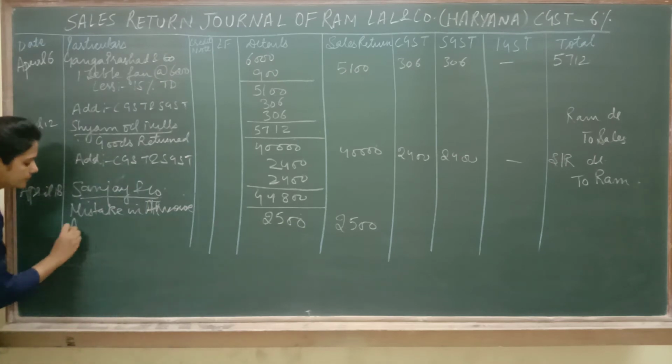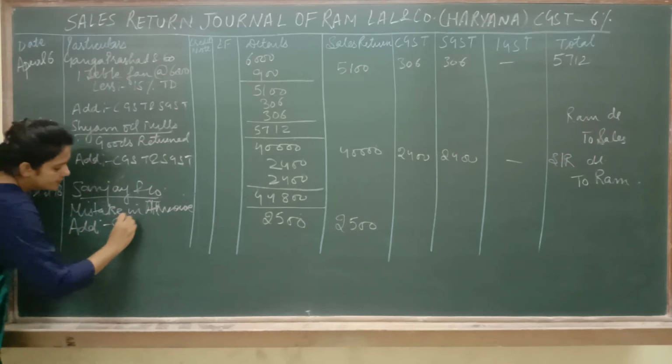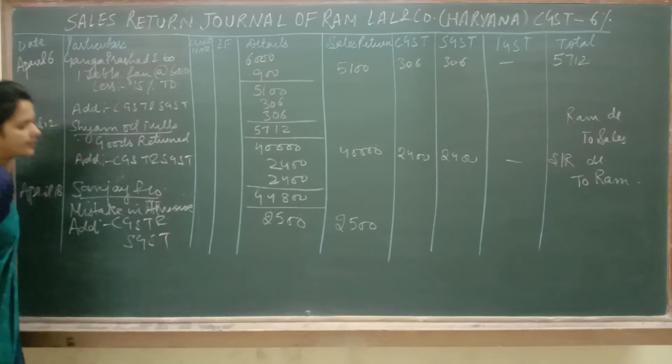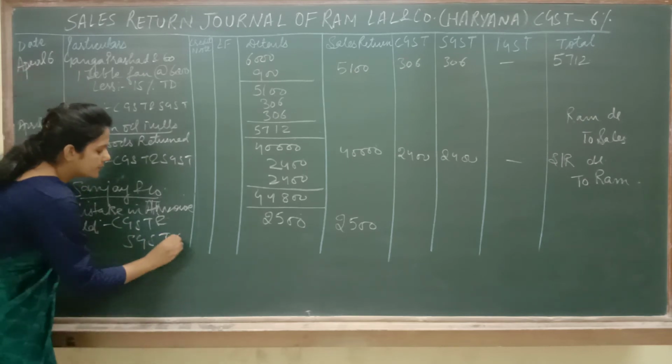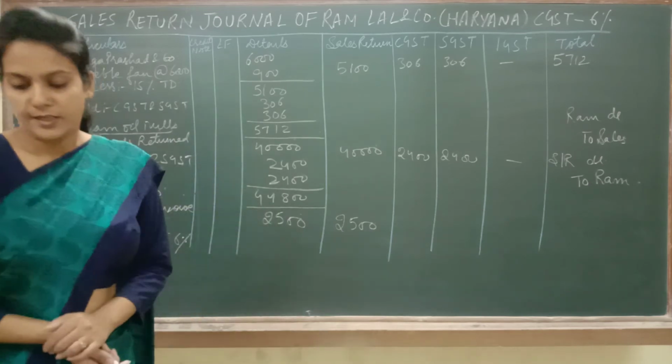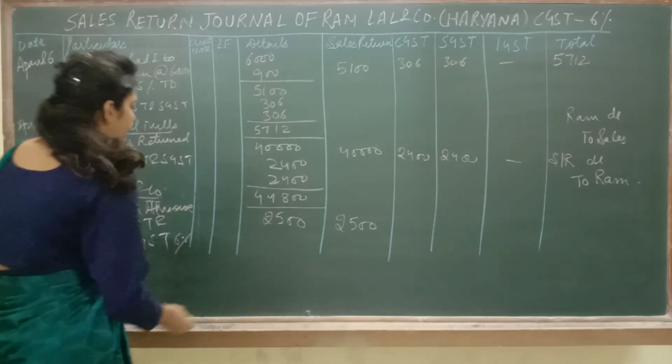Then add CGST and SGST, 6% each. CGST 6% of 2,500 will be equal to 150.